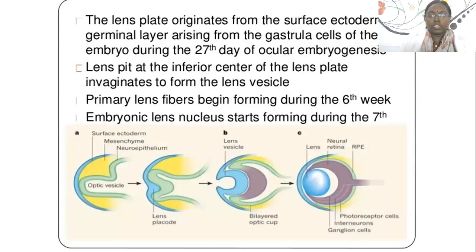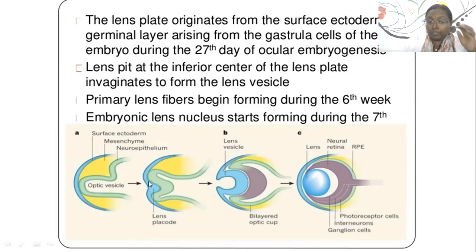Embryogenesis of lens. The lens plate originates from the surface ectoderm, the germinal layer arising from the gastrula of cells of embryo during the 27th day of ocular embryogenesis. So you can see the optic vesicle. When the optic vesicle touches the surface ectoderm, the optic vesicle is a part of neuroectoderm.